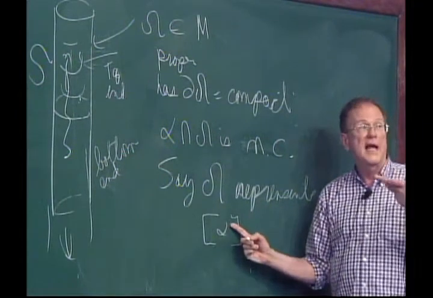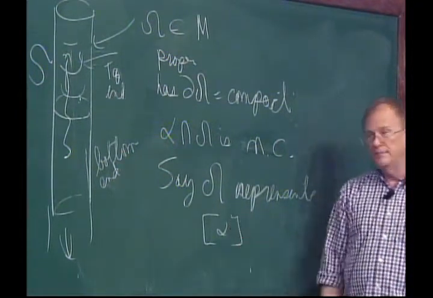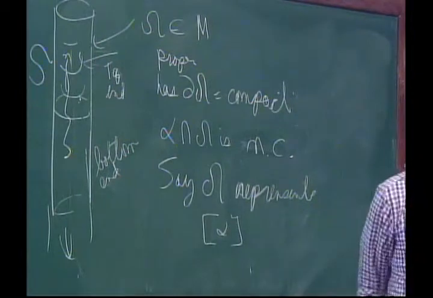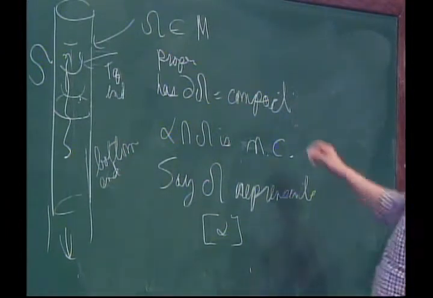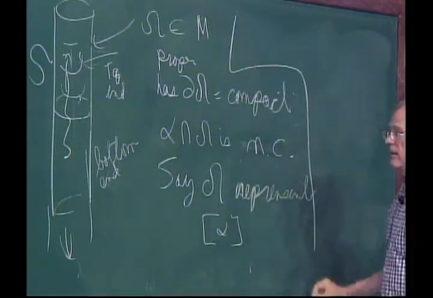Proper arcs create ends, okay? And so associated to every end, we can talk about certain proper subdomains as being end representatives.